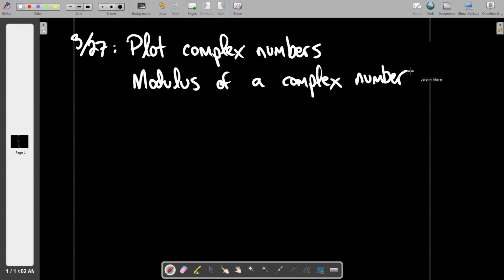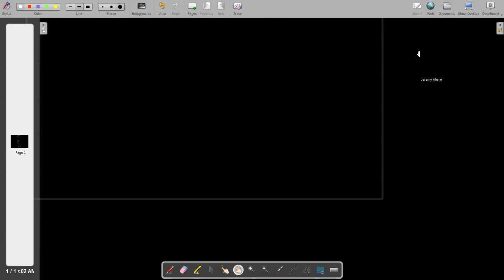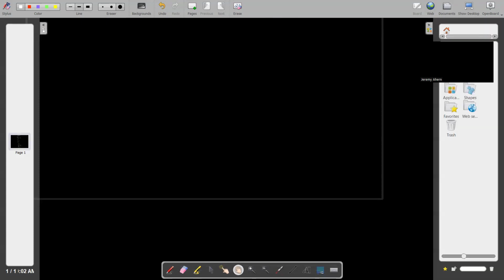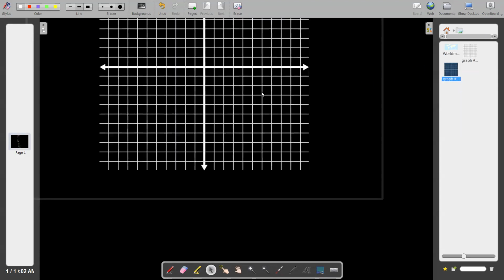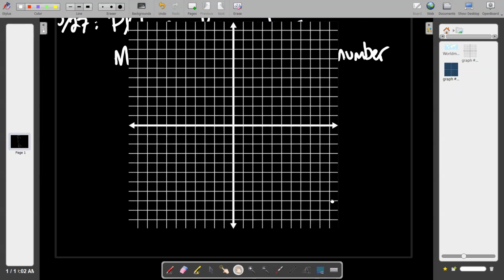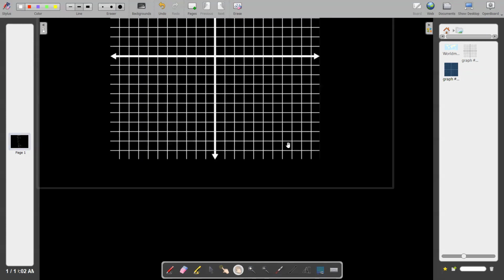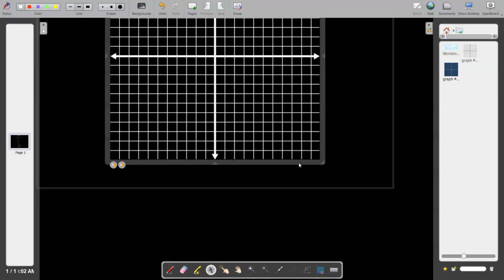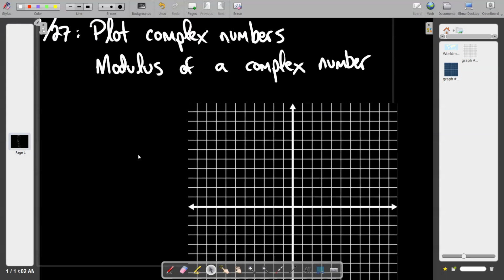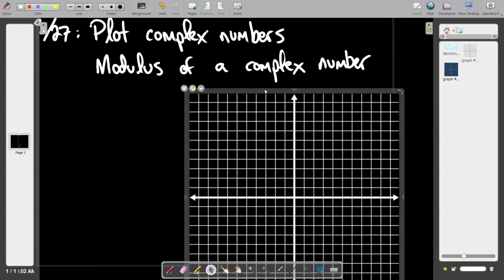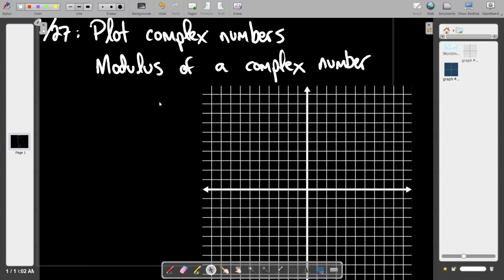First, and this should not take any longer than, oh my goodness, I almost hesitate to even teach it to you, but here we go. You have to know how to plot a complex number. To plot a complex number, you use the complex plane. It's kind of like the coordinate plane that you're used to. What you have always graphed in is the Cartesian plane, the X and Y, named after Rene Descartes.